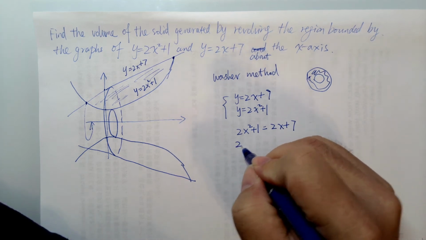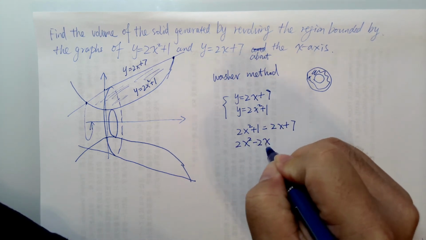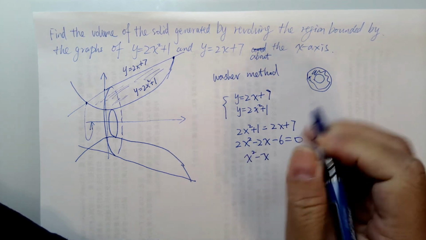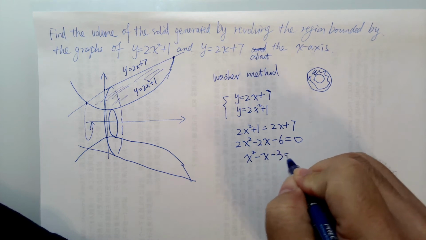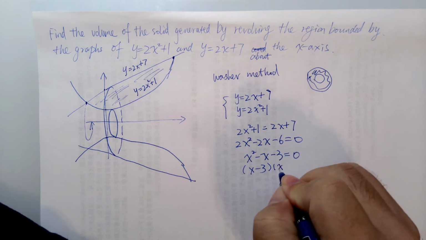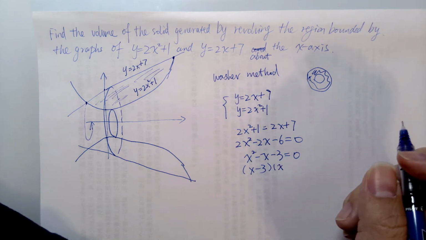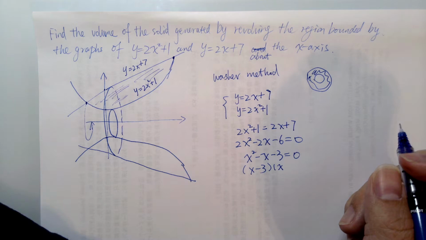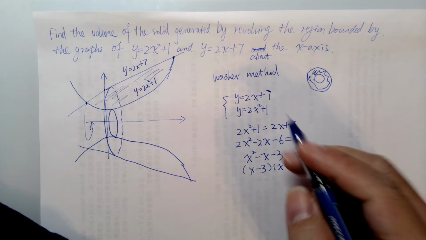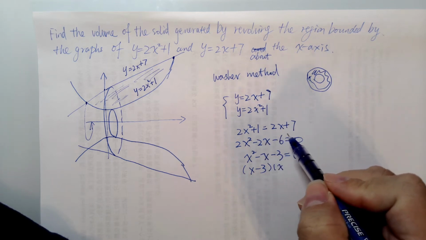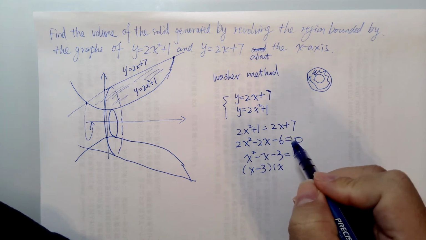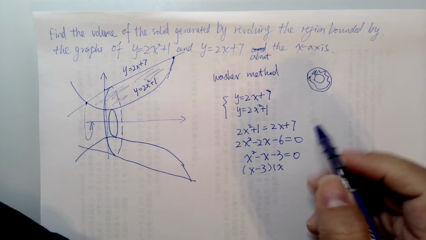That will give us 2x squared minus 2x minus 6 equals 0, or x squared minus x minus 3 equals 0. Hold on, let me see if there's any mistake I made. So 2x squared plus 1, this is 2x plus 7, minus, and then this is minus 6.